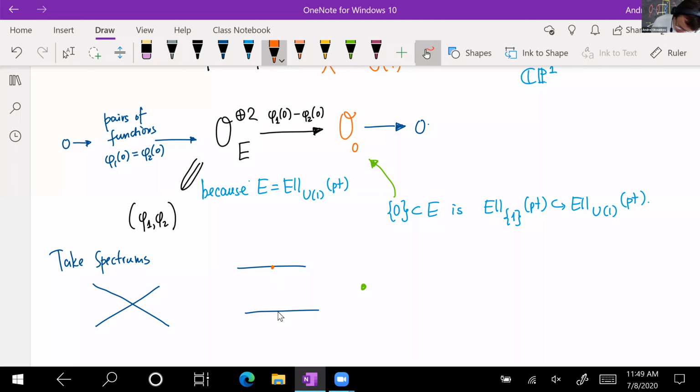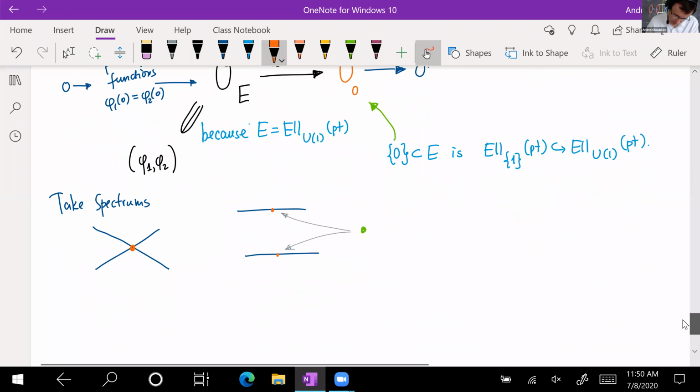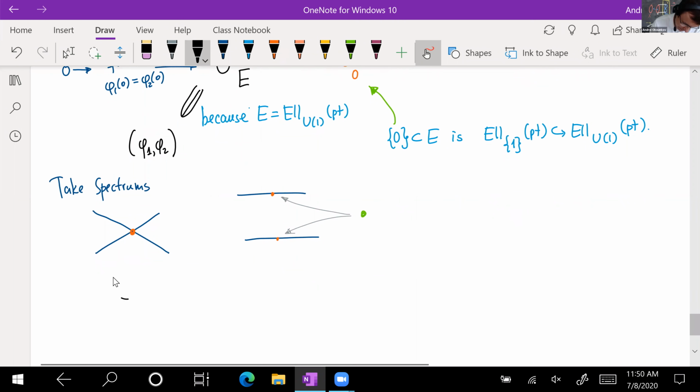So here I have two different maps from this point. I can embed it here and I can embed it there. And then this means they're now glued here. In other words, this is the picture. So this is what we have computed.